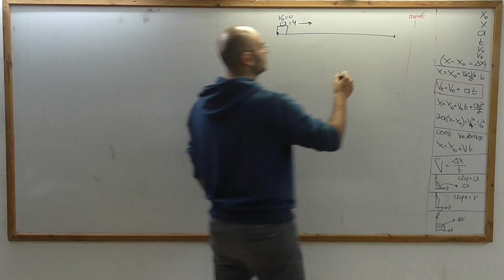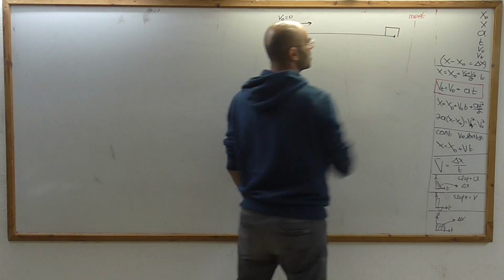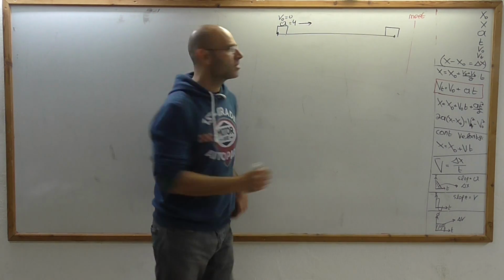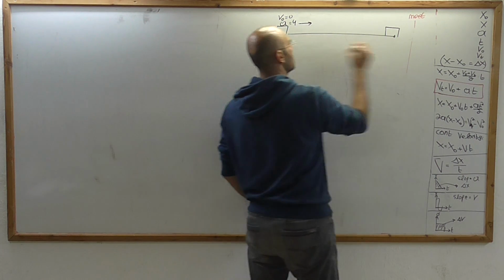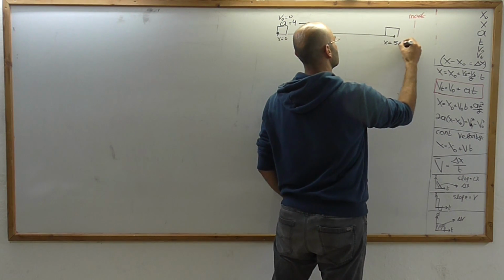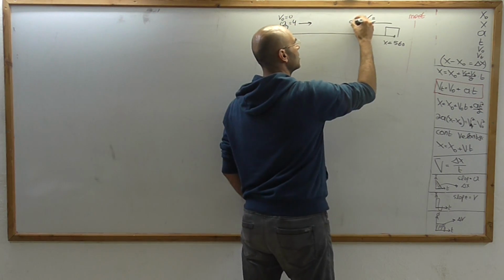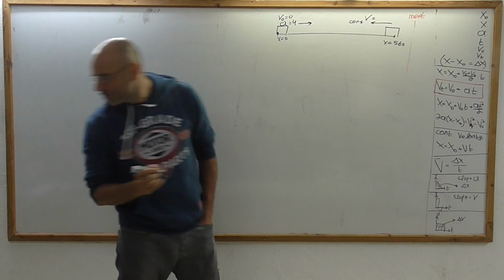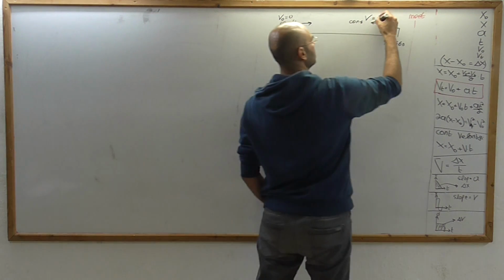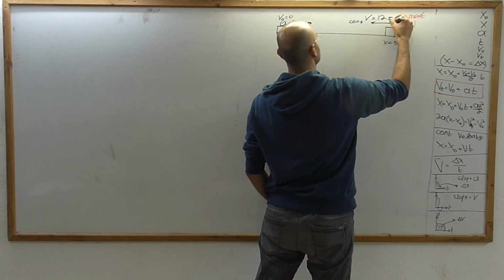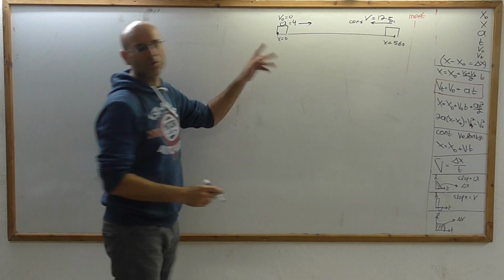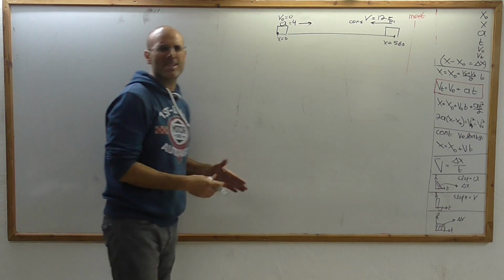Another vehicle starts from here. This is x0, this is x560, and it moves with a constant velocity of 12 meters per second. Never mind the units. Obviously they will meet.